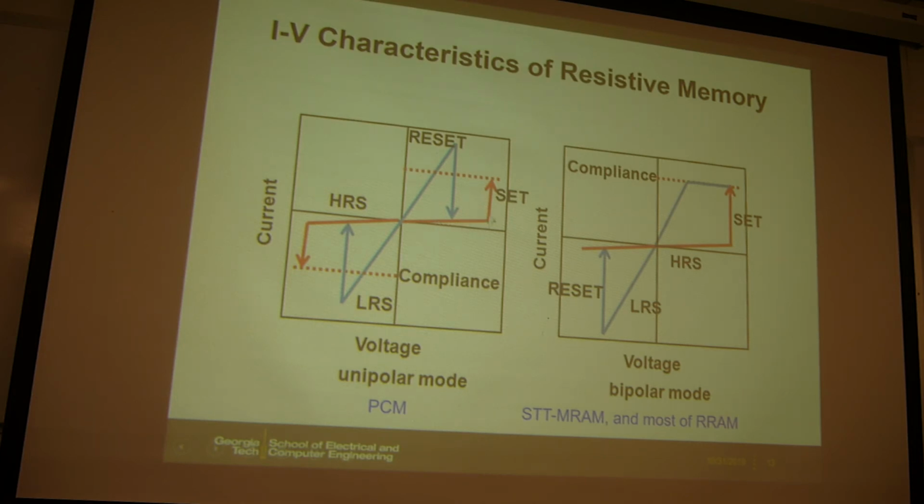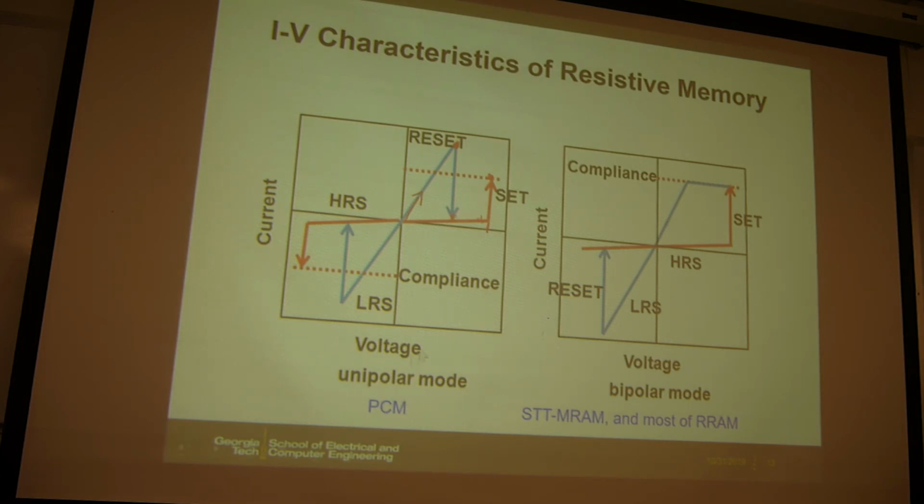And when you apply some voltage to here, then the device can switch from the high resistance state to the low resistance state. And then when you reset the device from the low to high resistance state, you apply the same voltage polarity. That means also positive voltage here, and then the device can switch from the low resistance state to the high resistance state.